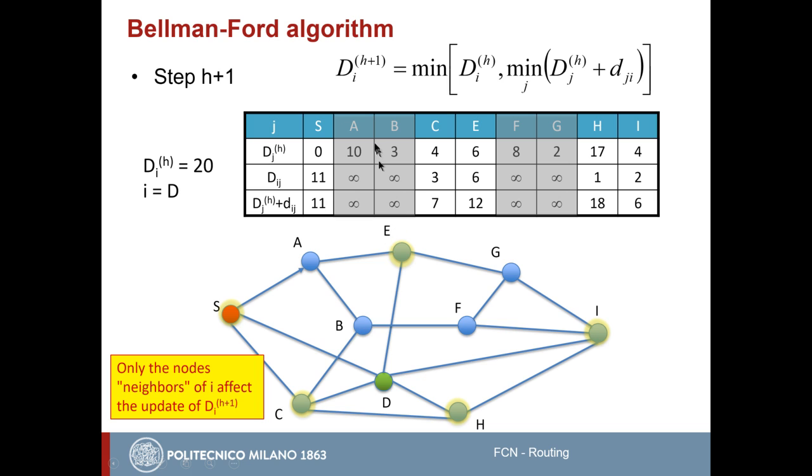Basically, we can neglect these nodes A, B, F, and G when we are considering node D, because node D is not directly connected to them. Or said in other words, when you are making this update for a certain node, in this case D, you only have to consider the neighbors of this node. Just the neighbors of this node will have an impact on the updating process. So we can constrain the set of nodes that we have to inspect only to the neighbors of node I.